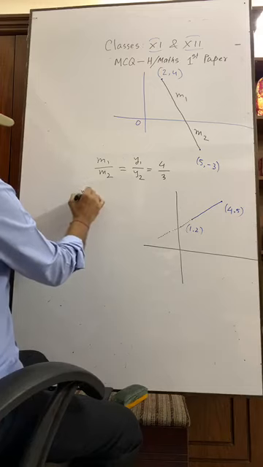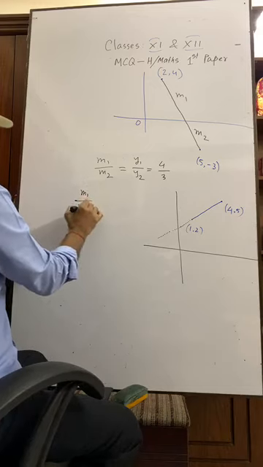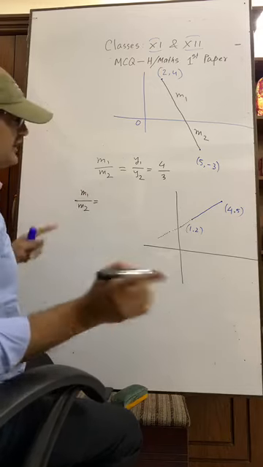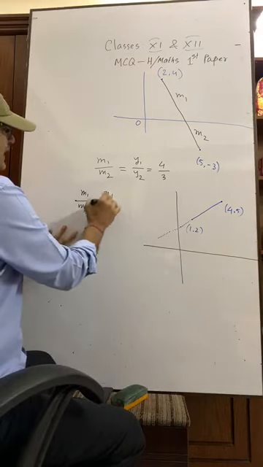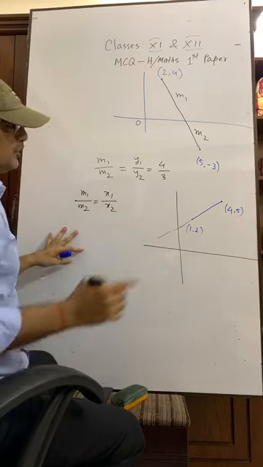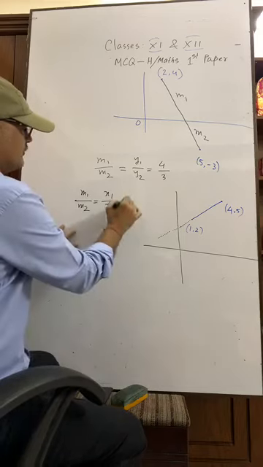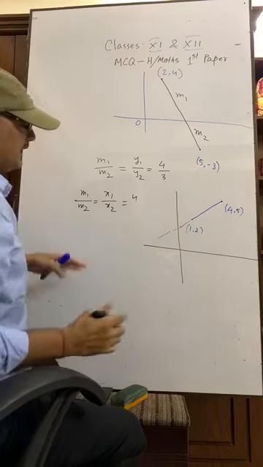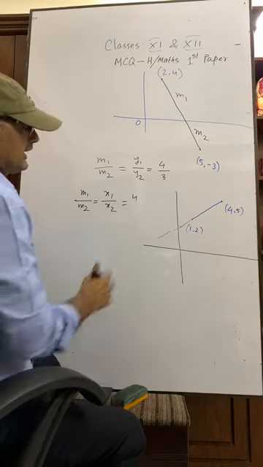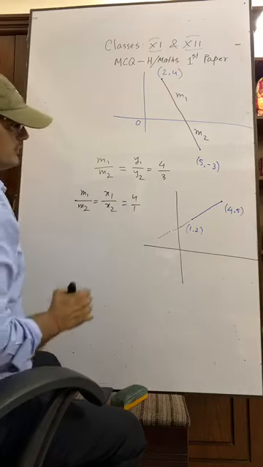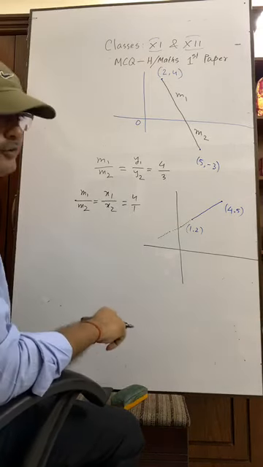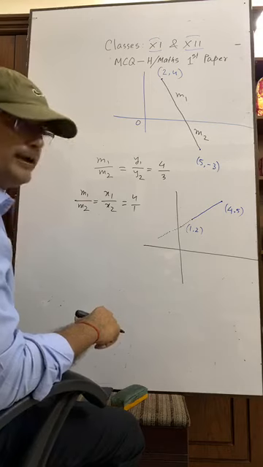Here M1 by M2, as it is the y-axis, the formula is x1 by x2. Where is x1? x1 is 4. And what is x2? x2 is 1. So the ratio is 4:1. Okay?